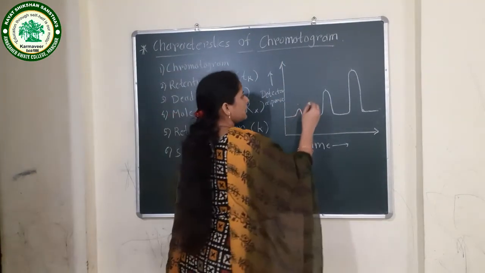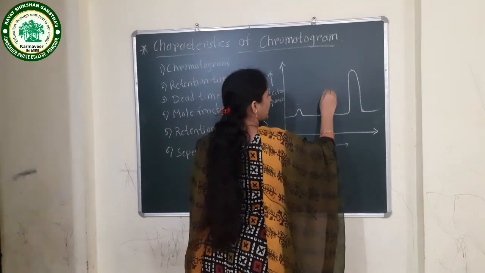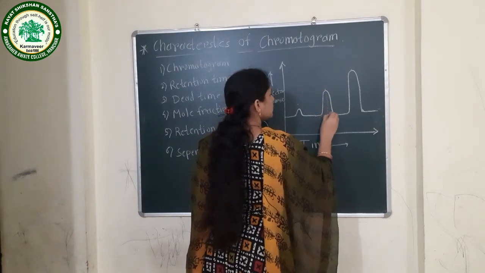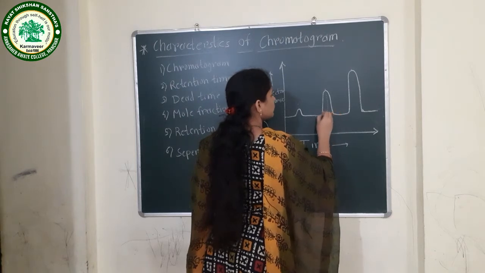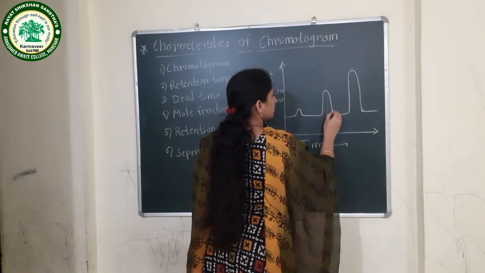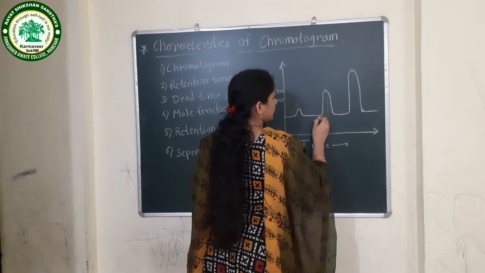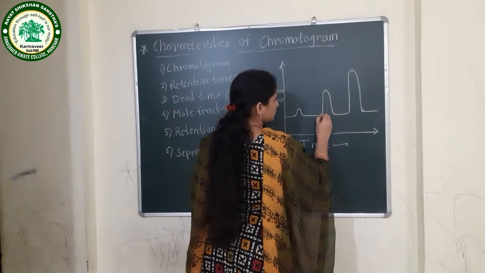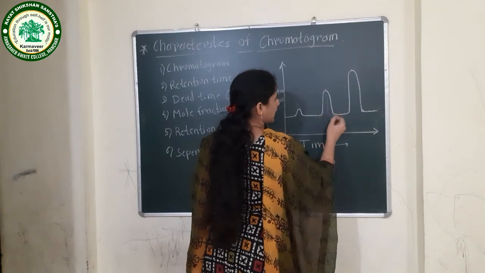Now this height is calculated by drawing a line from the center of the peak towards the width of the peak. This width of the peak can be calculated by drawing a line on the tangent. Then we draw the dotted line.